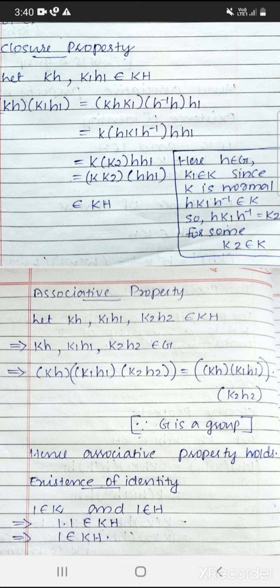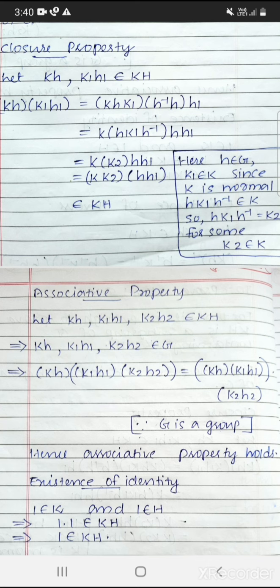So we take two elements from KH and multiply them, that is kh into k1h1. We can group according to the operation given. So kh into k1 into, instead of h, I am writing h inverse h h1, which is equal to k into, I'm gonna group h k1 h inverse together and h h1 as another part.